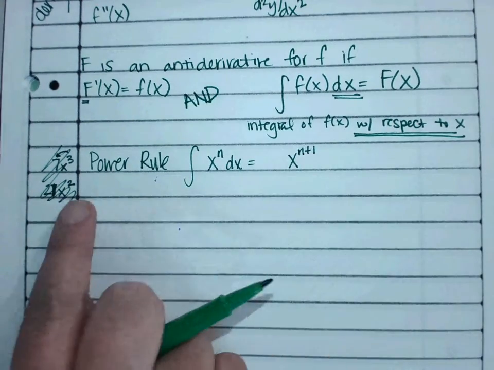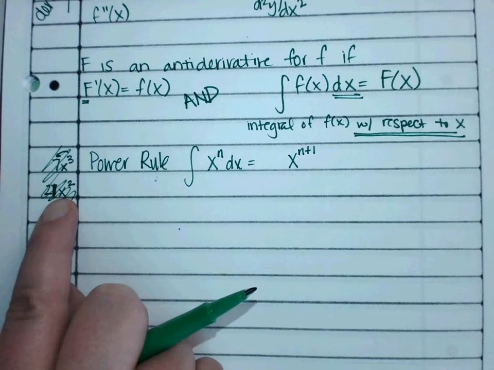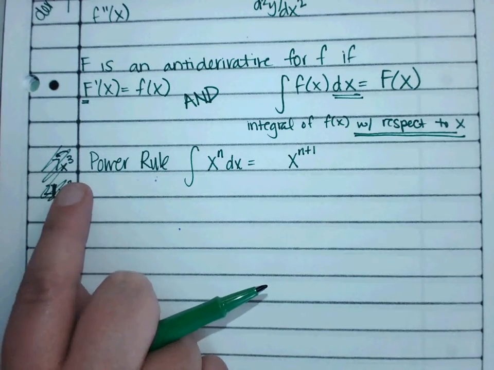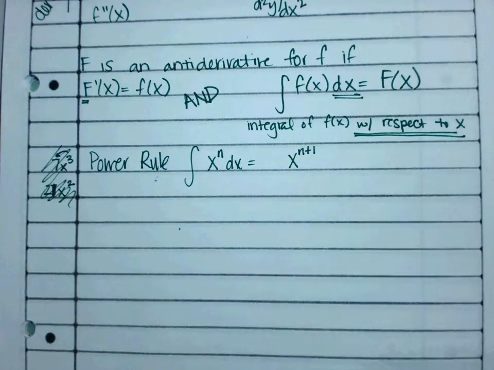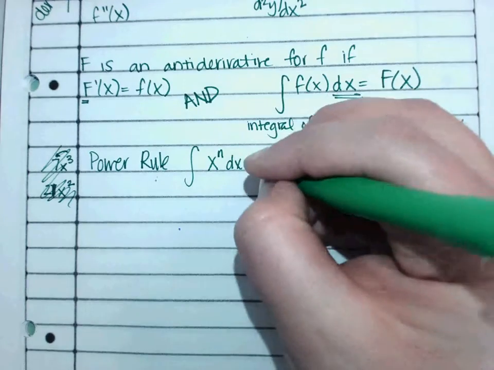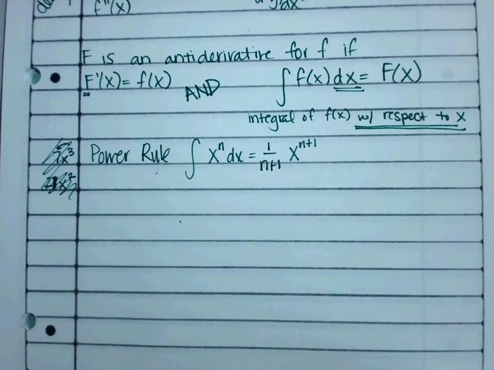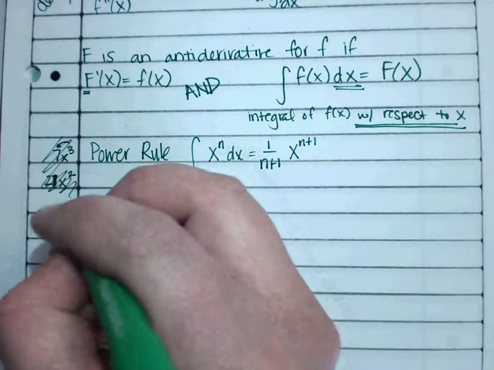And then think about what I did with the 3 before. I added 1 to get x to the 3, but then I divided by the 3 in the front. So you're going to have a 1 over n plus 1. Okay, we'll do several examples. It's not hard. So, first example.